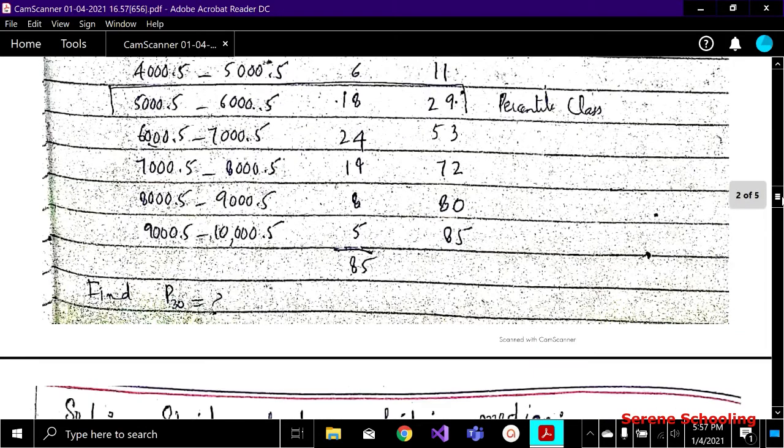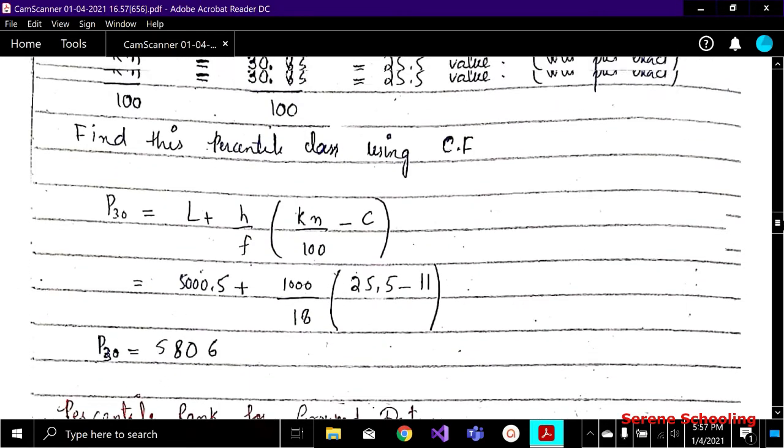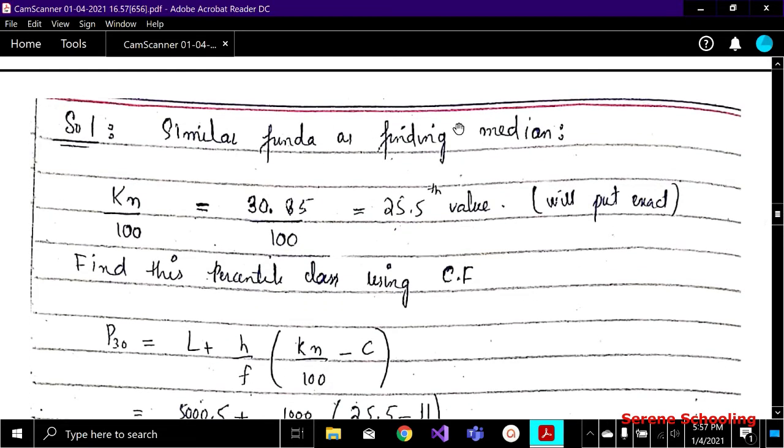So see here, similar funda as finding the median. What was that? There we used to say n over 2, right? And then we used to find that particular value in our cumulative frequency column, right?